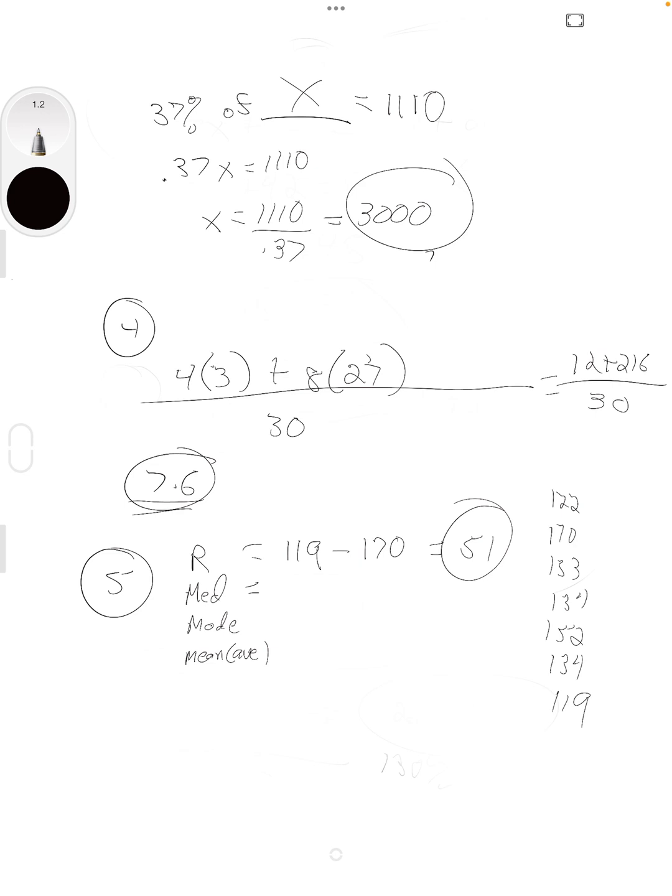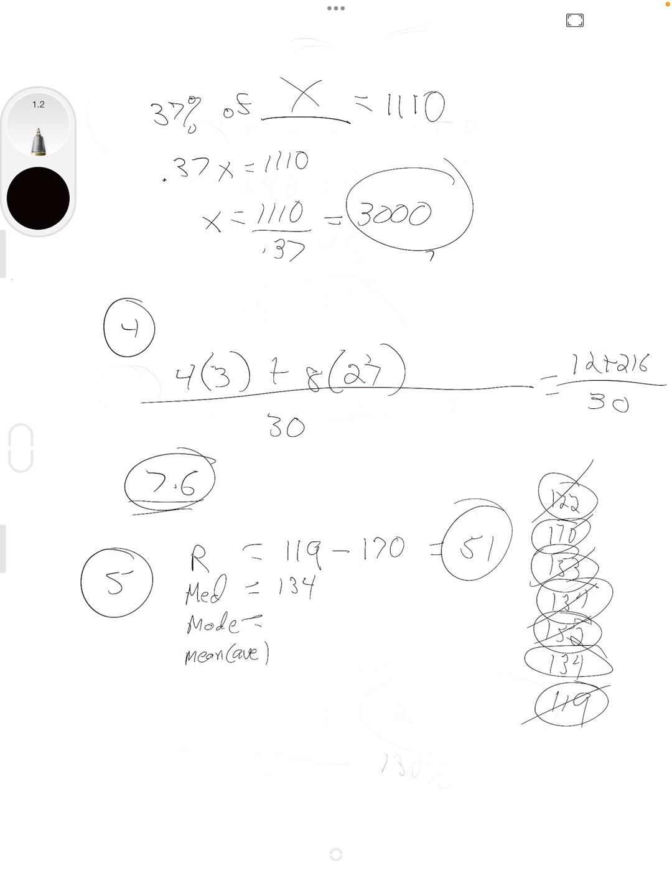When I find the median, I take the lowest one and the highest one. I cancel those. Then I go the next lowest one, 122, next highest one, 153, cancel those. And then I go the lowest one, and then the highest one, cancel those. That's the median, 134. That's the middle number.